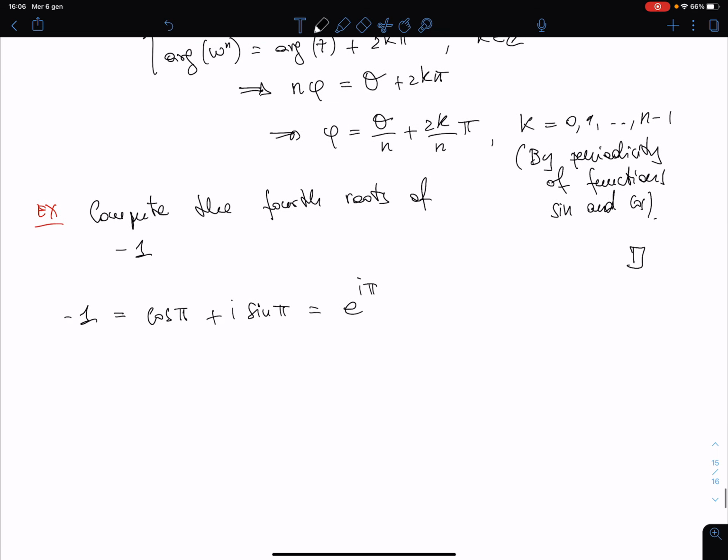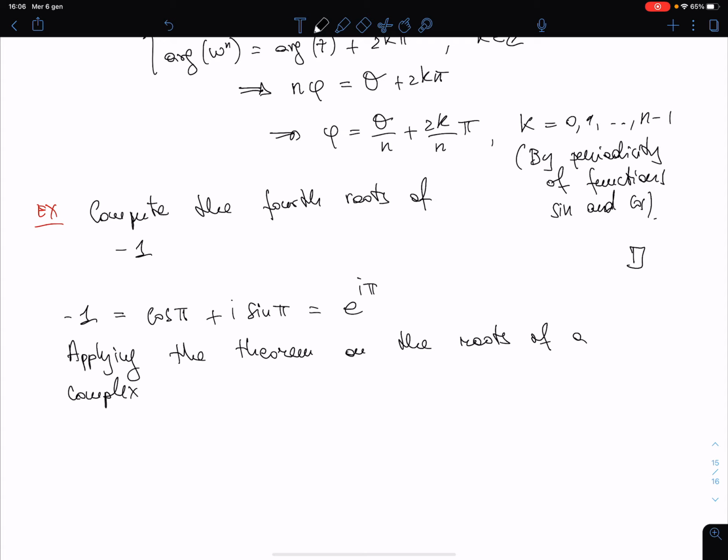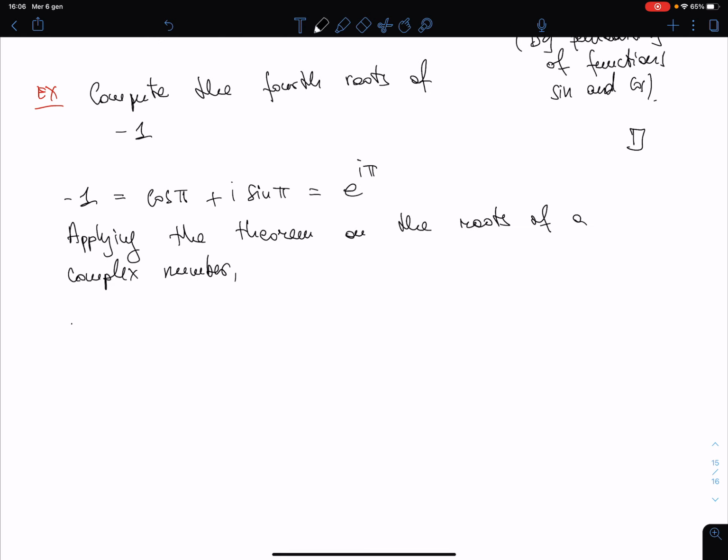Okay? Now, we are applying the theorem on the roots of a complex number, and then we have that z0 is the fourth root of 1 and then e to the i pi over 4.